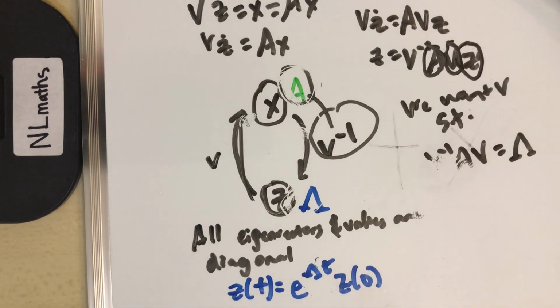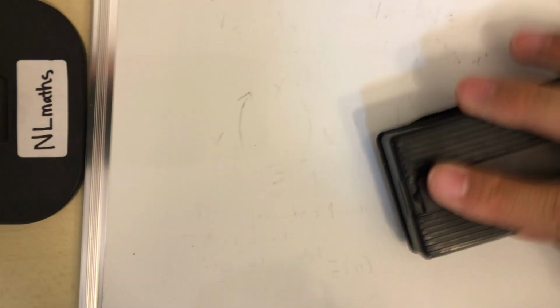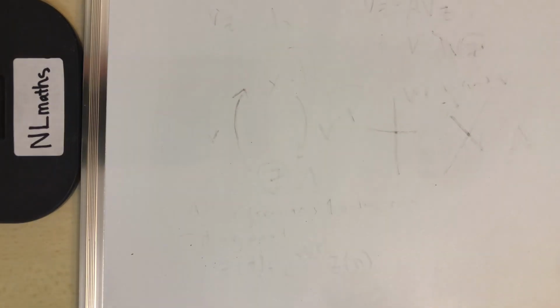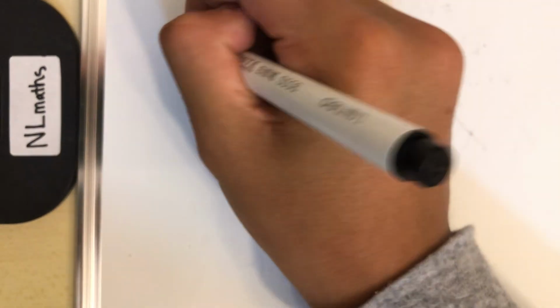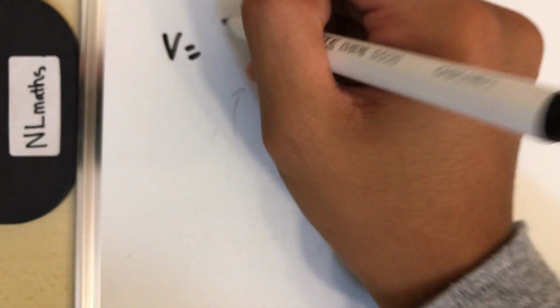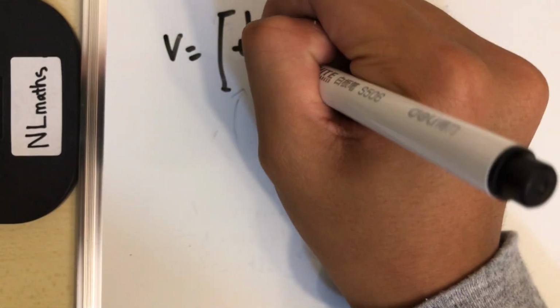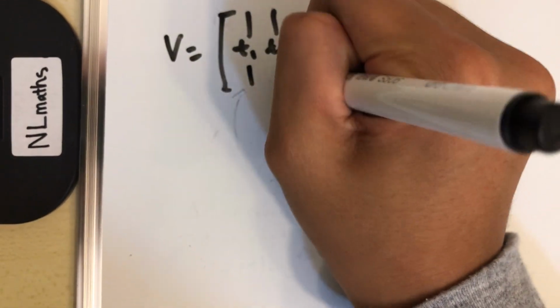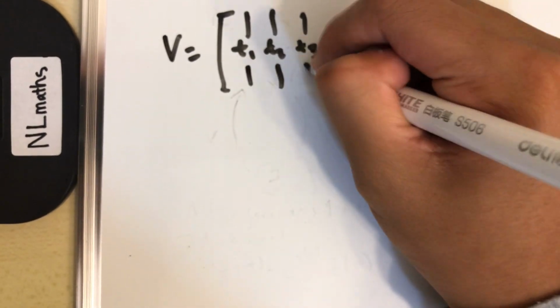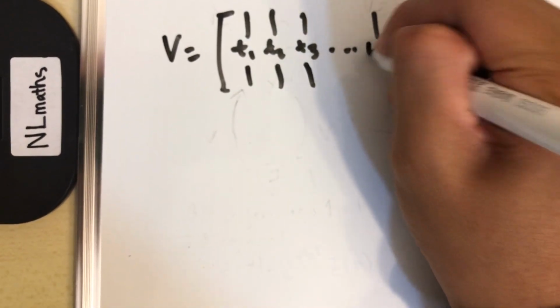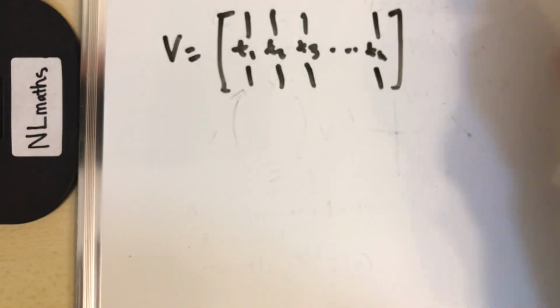Let me just quickly erase this. To diagonalize the matrix, we get V. So V, the transformation, is going to equal our eigenvectors. I'll talk about why this is in later videos maybe. And so they're all in the columns.